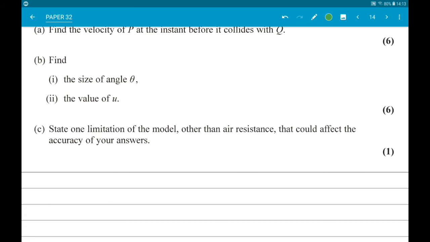Or we could say balls might be spinning, which is going to make them move differently, or we've modelled them as particles. They're not, they have dimensions, so that will also affect things.